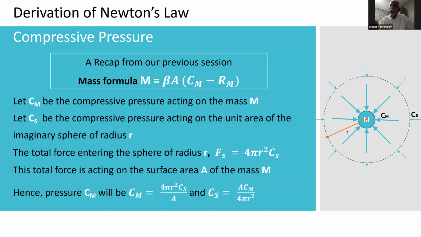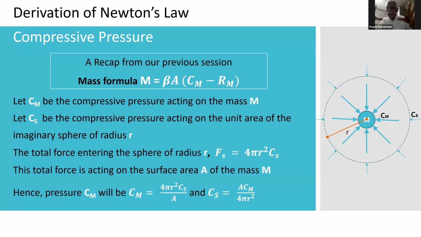Then we know the total force entering the sphere. Then what is the force per unit area? We have to divide ACm by the surface area of the sphere, 4 pi r square. So A into Cm divided by 4 pi r square will be the pressure on the surface of the sphere, which we have denoted by Cs. We must be very clear of the notations here.